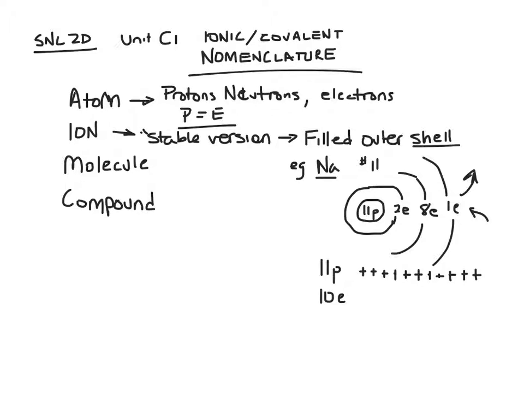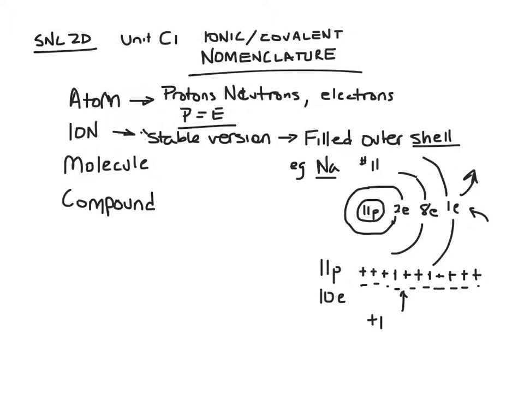Well, in a neutral atom, the positives equal the negatives, but here we have 10 negatives, and notice there is 1 missing. So we now have an overall charge of +1. So the ion is the charged version of an atom.